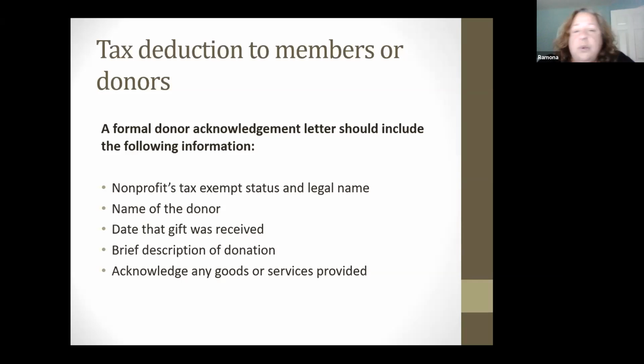So in a donor letter, the IRS says these are the things that must be included. We have to list our tax exempt status, meaning we're a 501c3 organization, our legal name, and the name of the donor. So if Bob Smith writes us a check, then we need to put it to Bob Smith. Bob Smith can call up and say, I'd like it to be Smith Construction.